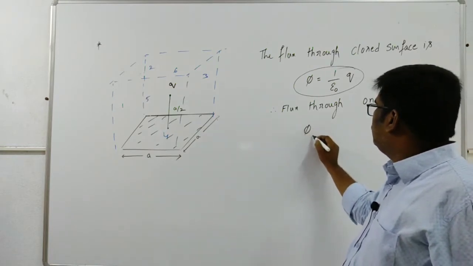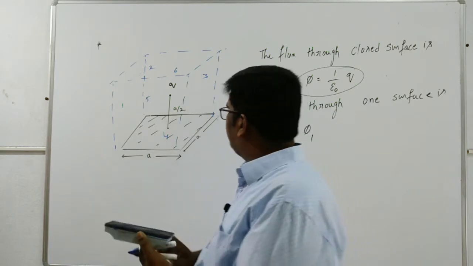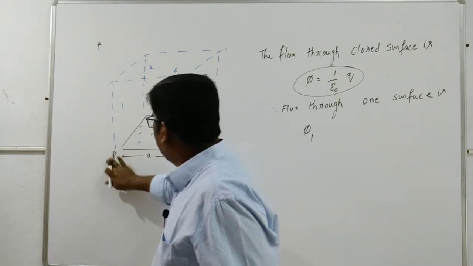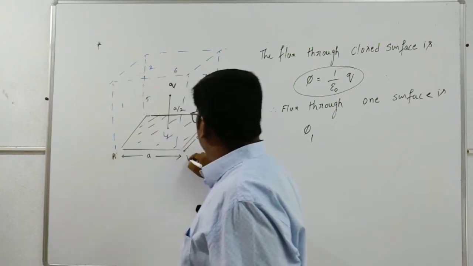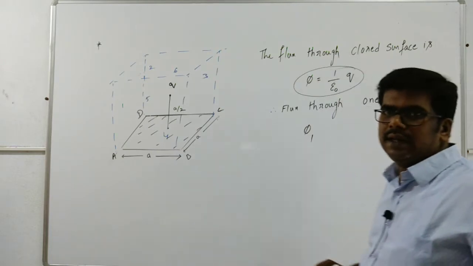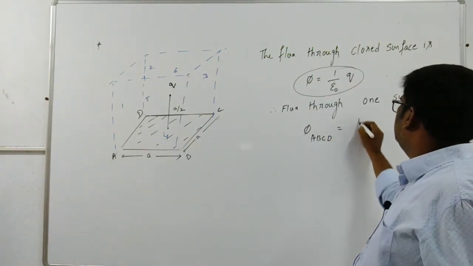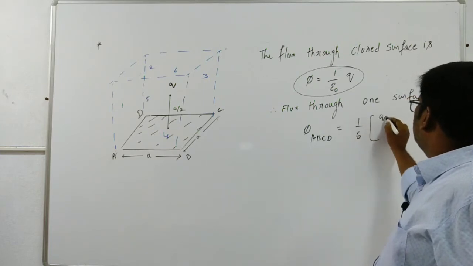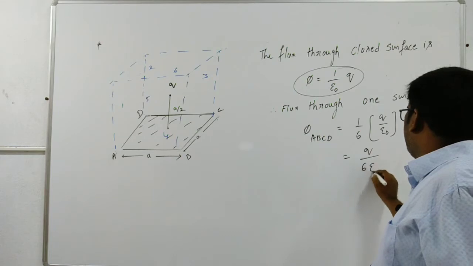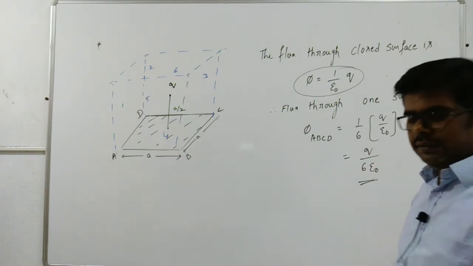The flux through 1, which you can name as ABCD, so the flux through this ABCD surface or ABCD plane is equal to 1 by 6 times Q by epsilon naught. That is Q by 6 epsilon naught. This is the total flux through one side.